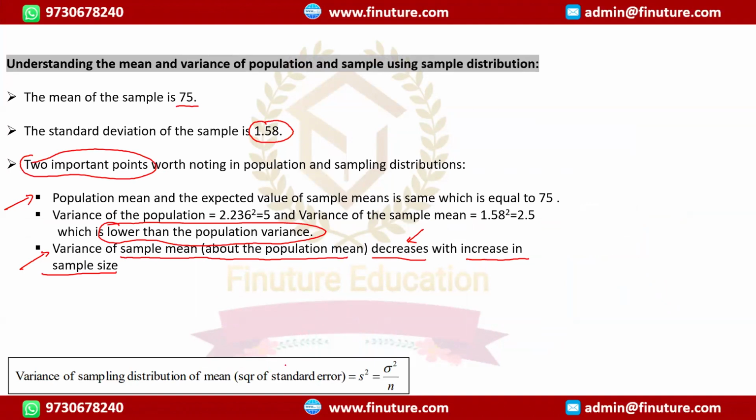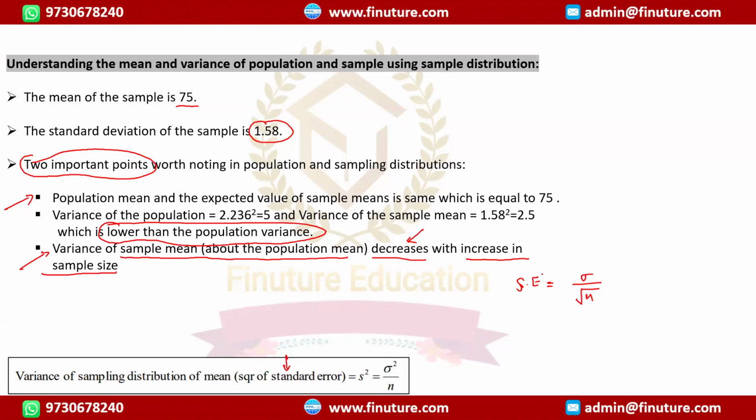And just make a note of this formula. There is a term defined called the standard error, which is calculated by dividing your standard deviation by the square root of the sample size. So as your sample size goes up, your standard error will go down.